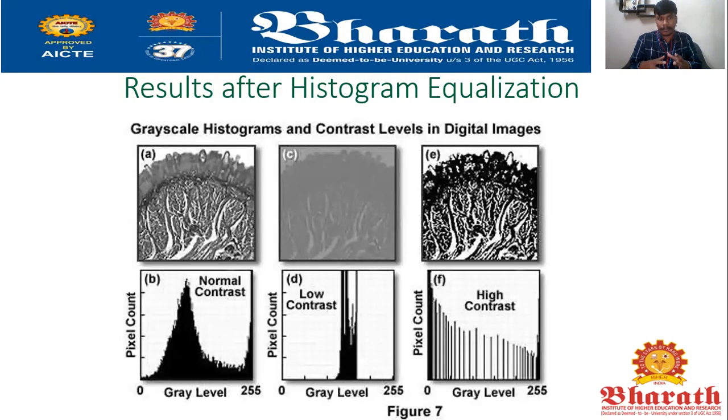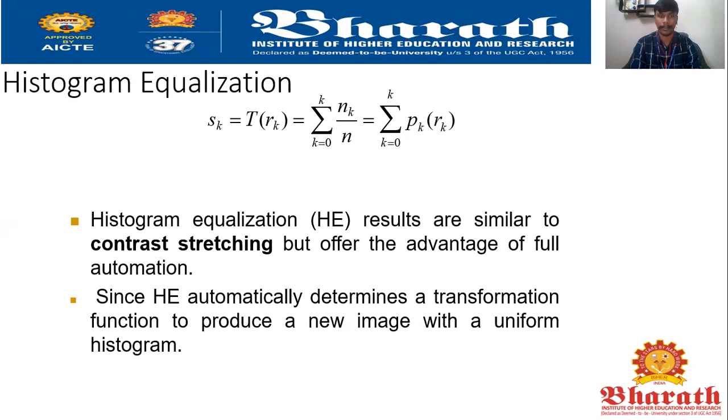Okay, now in this slide they are showing some of the results obtained after performing the histogram equalization by this formula: Sk is equal to T of Rk is equal to the summation from k equal to 0 to k of nk divided by n, which is equal to the summation of pk of rk.